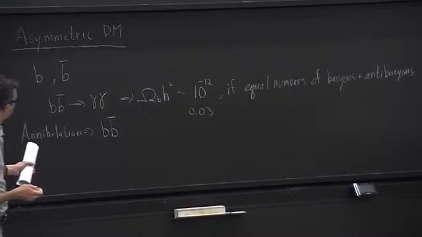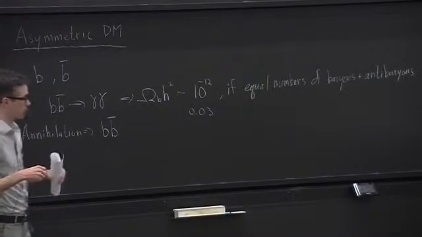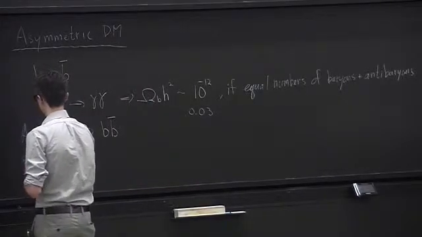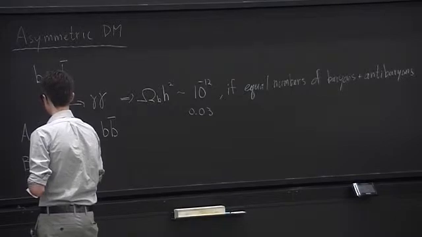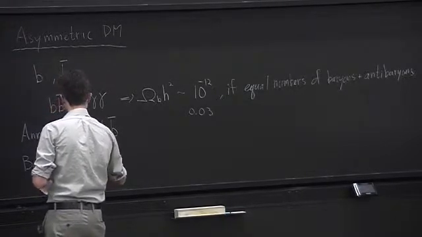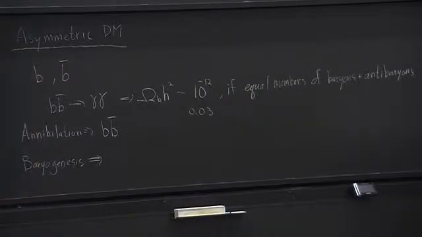So the story for baryons is that through some unknown process that we call baryogenesis, and there's a lot of speculation and research on what kind of mechanism baryogenesis actually is, but through a mechanism that we call baryogenesis, there must have been created more of a density of baryons than antibaryons.